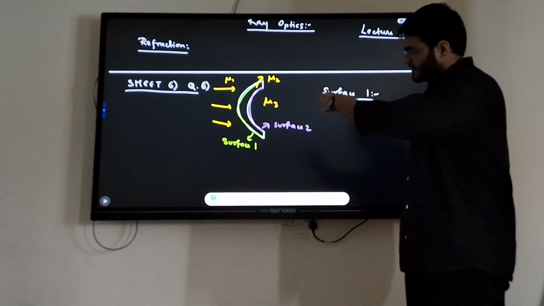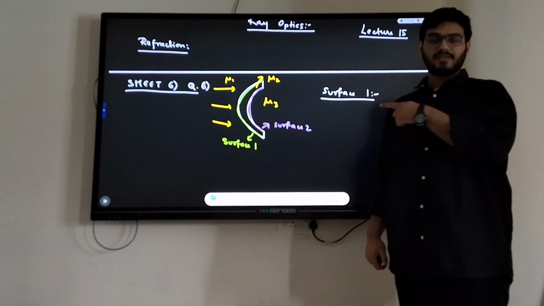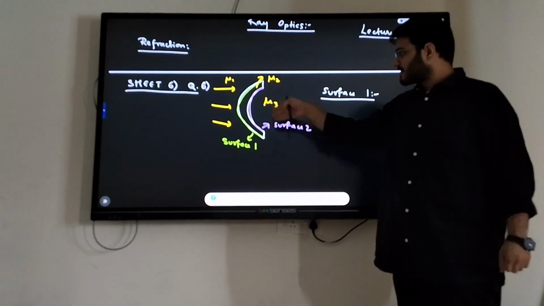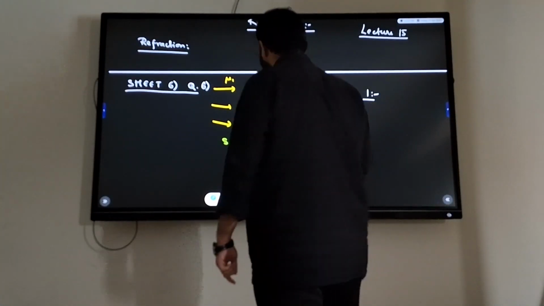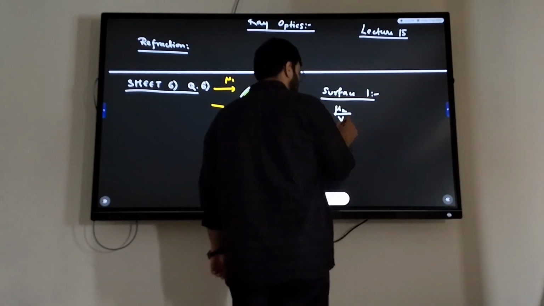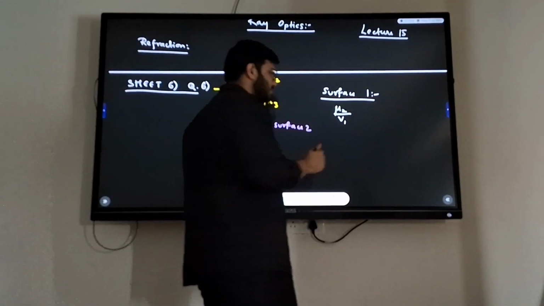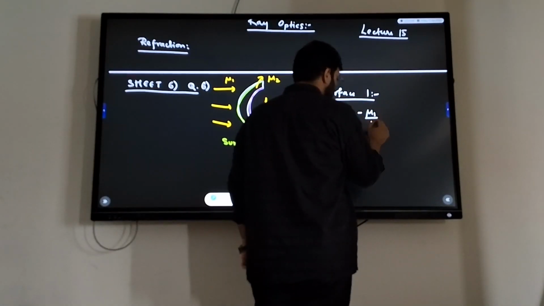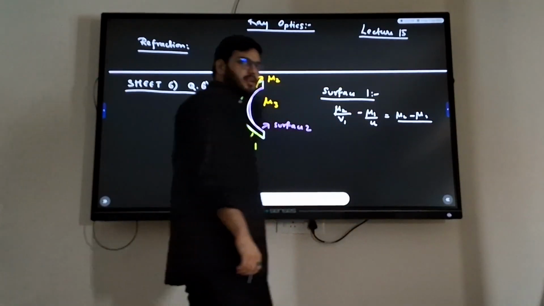Light rays are coming from there. They will create a virtual image. Na? That virtual image acts like a virtual object for this surface 2. So what should be the equation then? This mu2 by v1, v1 being the image I1's distance, that will be the virtual image, minus mu1 by u is equal to mu2 minus mu1, by positive R or negative R?